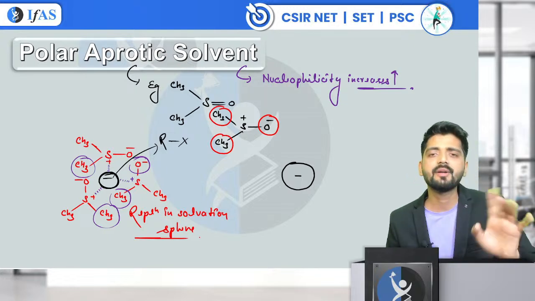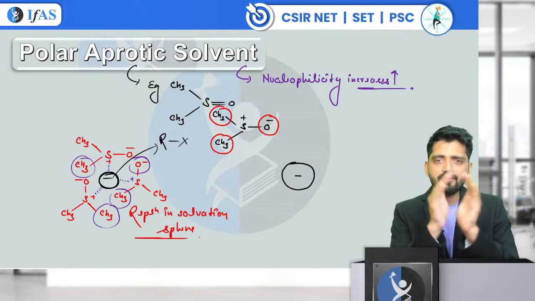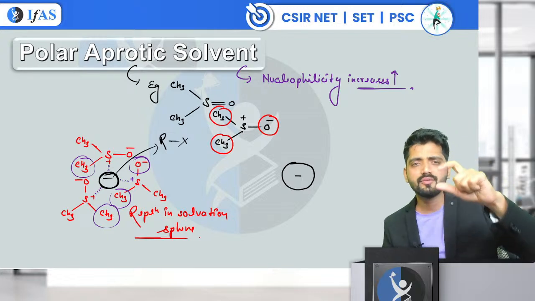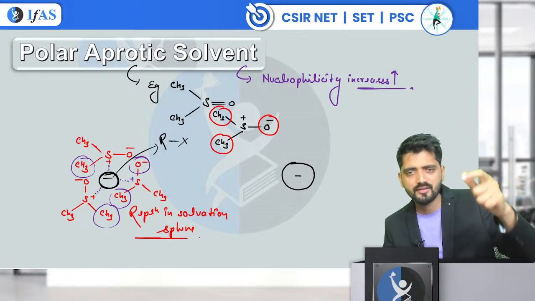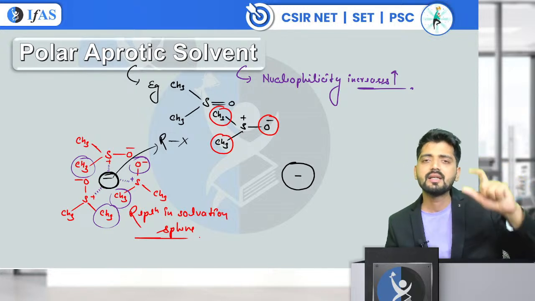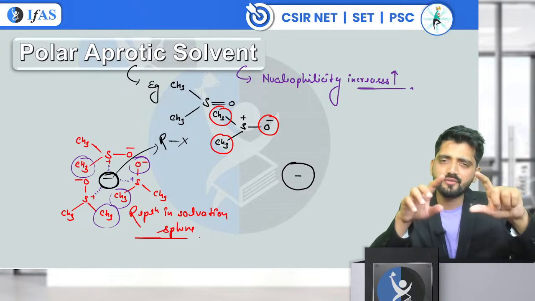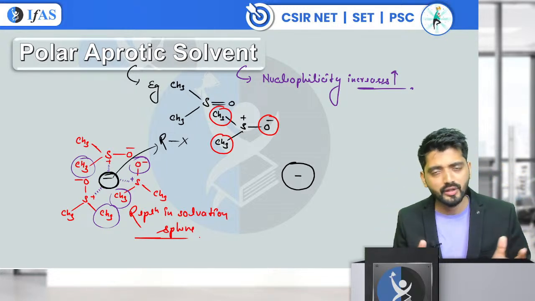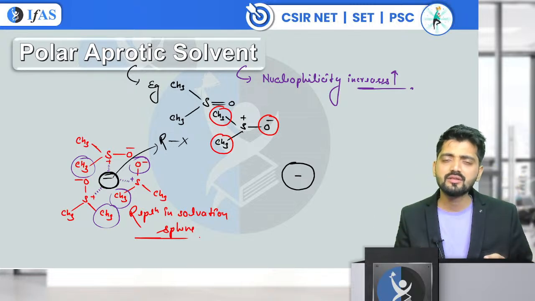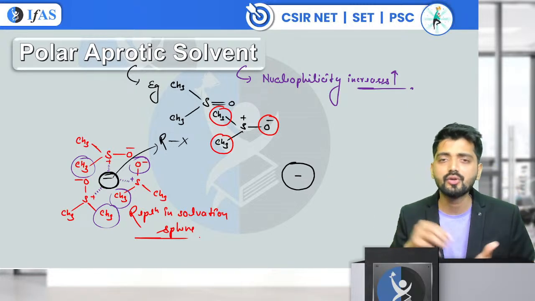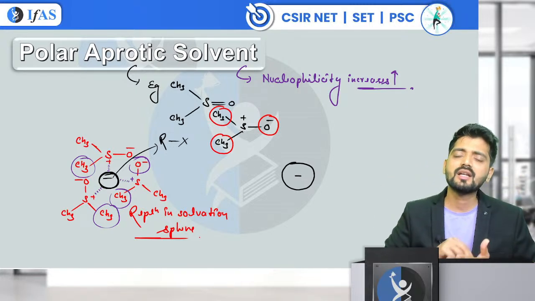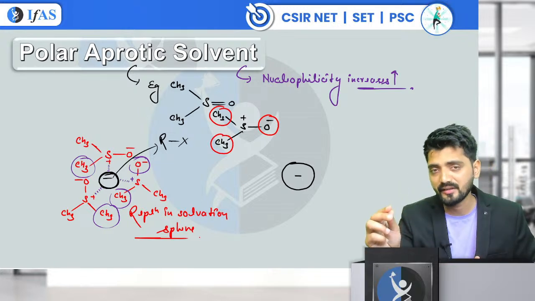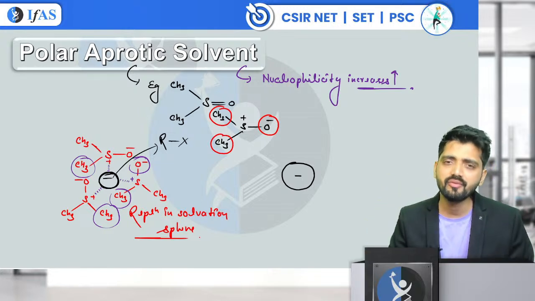See, I will repeat once again. If I have an anion, the positive charge of the DMSO molecule is attracted towards the anion. Along with the positive charge, the bulky CH3 groups and the O minus also come. So in the solvation sphere, there is a lot of hindrance because of this anion. So this anion attacks the carbon center very fast if we put some electrophilic center.